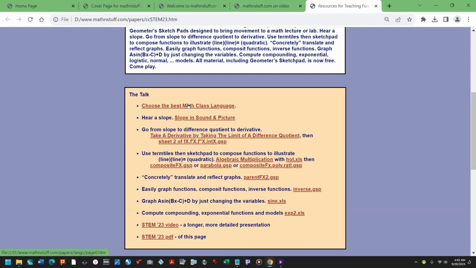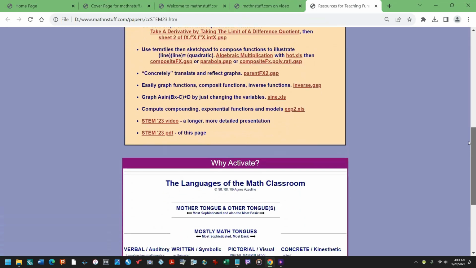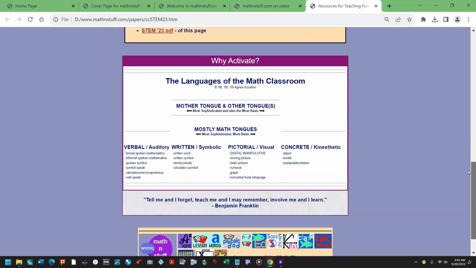The overview or the rationale for doing all this is best seen perhaps in the link to math class languages. Here are the languages.